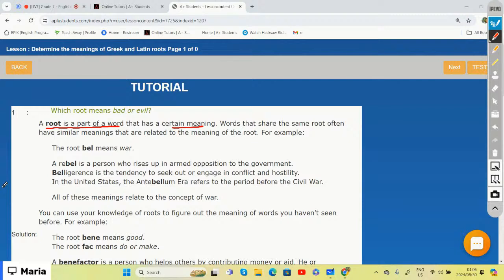And here we have a root, bell, and this root means war.